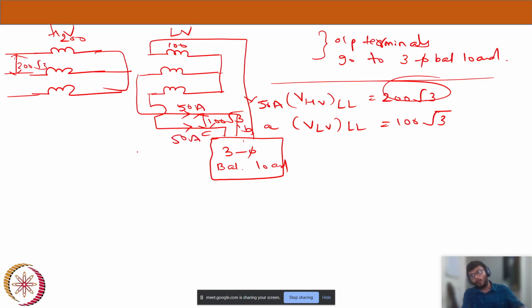So yeah, the load can be any kind, but the restriction is we should not allow more than 50 amps to flow through the secondary side. So once 50 amps is coming out of the dot polarity from this one, I can say for sure that 25 amps must be drawn from the supply.